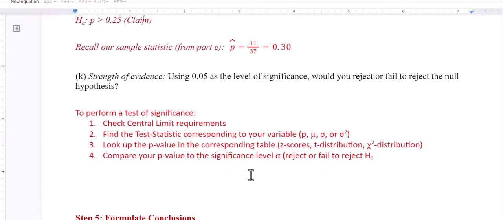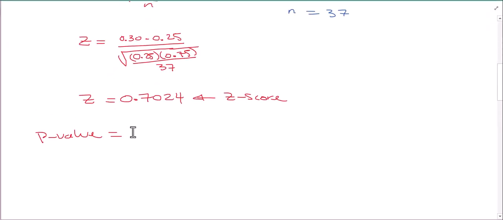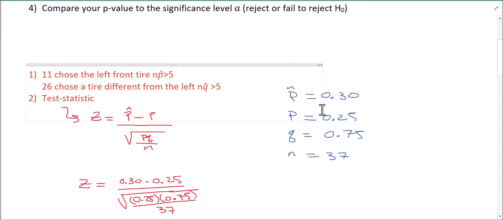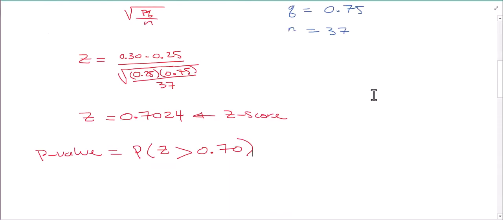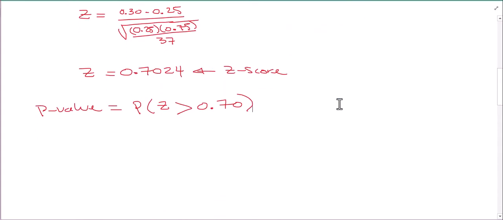So let's go back to my notes here. Our p-value is, and let me write out what I'm looking for, the probability that z is greater than 0.70, right? What is the probability that our population proportion is more than 0.25? So we want to see how likely we are to get this.